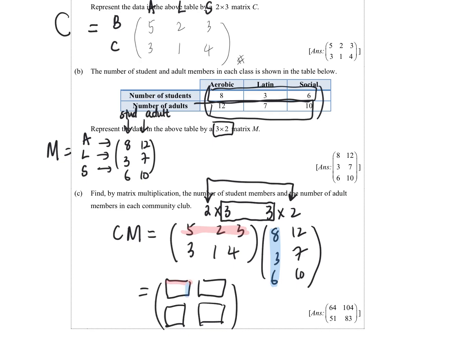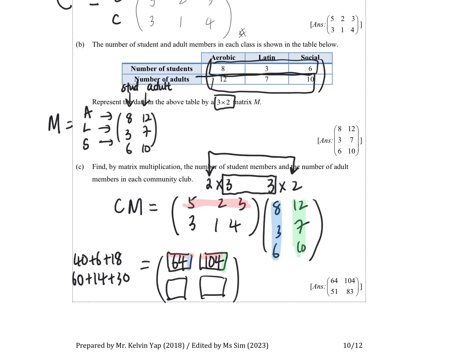So the first one I get is 40 plus 6 plus 18. So 64. Okay, then next one is a red times the green. Okay, so 5 times 12 is 60, 14 and 30. So 104.